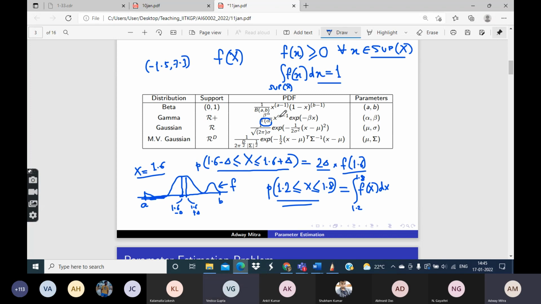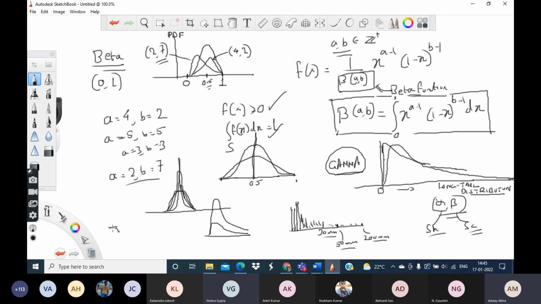The gamma function is basically this same thing itself. It is x to the power alpha minus 1 times e to the power minus beta x, integrated. So gamma of alpha, beta, we can write it like this: the integration is from 0 to infinity, meaning all the positive numbers, of x to the power a minus 1 into e to the power minus bx into dx. This is the gamma function.